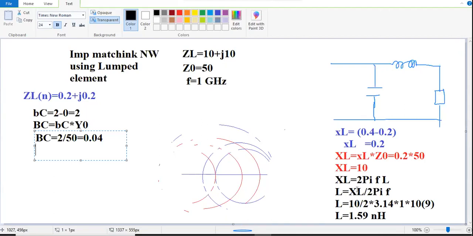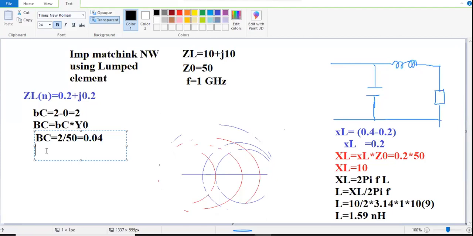Okay. 1 upon 2 pi FC. So we are not familiar about this relation. 1 upon 2 pi FC is not the formula for BC.